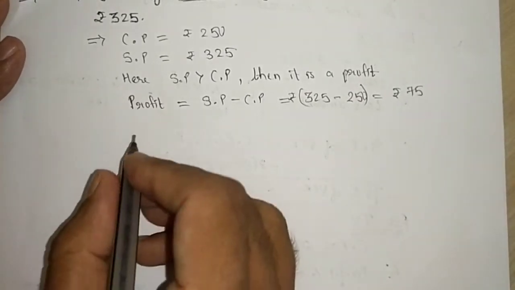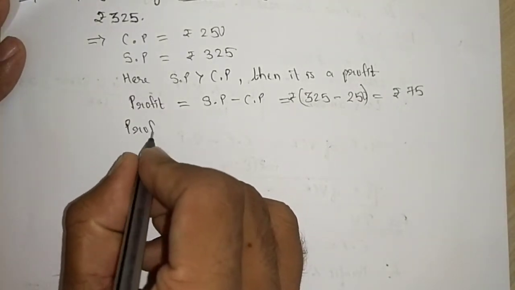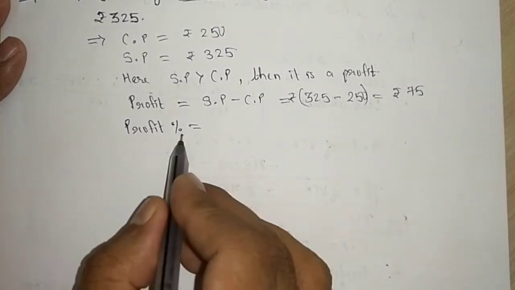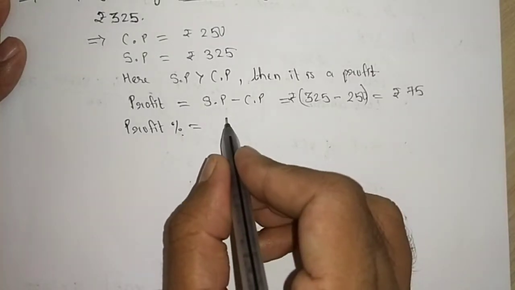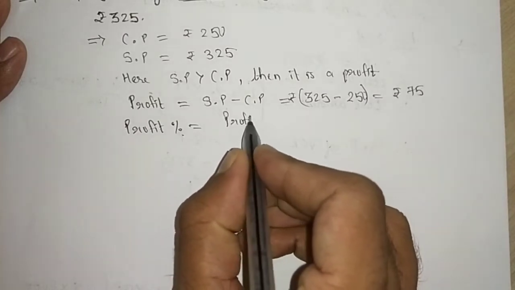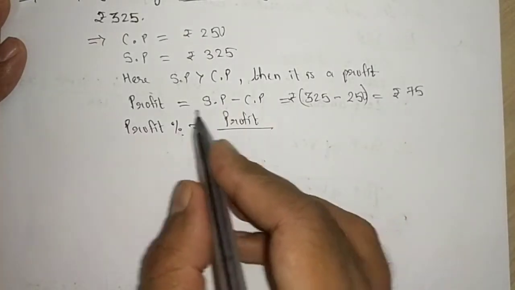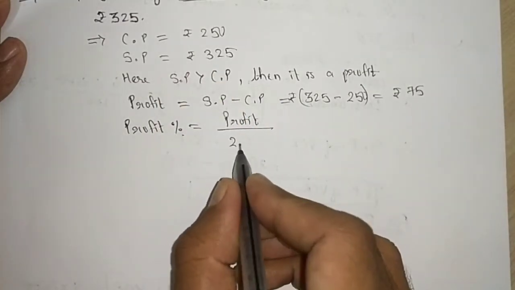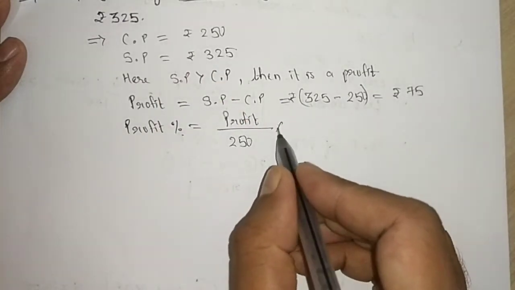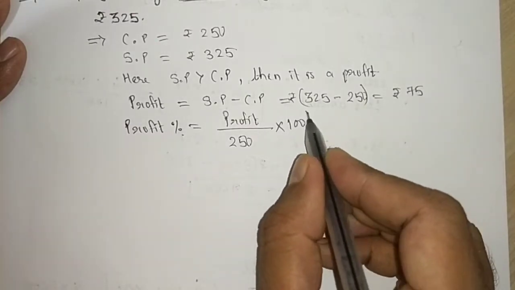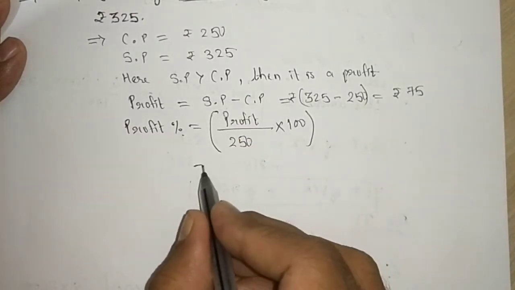Now we can easily calculate profit percentage, and for that I have given you the formula. Profit percent is equal to profit, whatever the profit is, divided by the cost price, what is the cost price, 250, multiplied by 100. So we will get profit percentage.